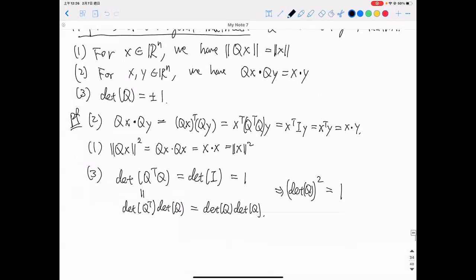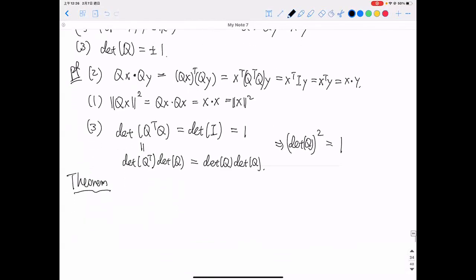So now we are ready to move on and state the following main theorem here. Suppose A is an n by n matrix with real entries. Now there are 2 parts.